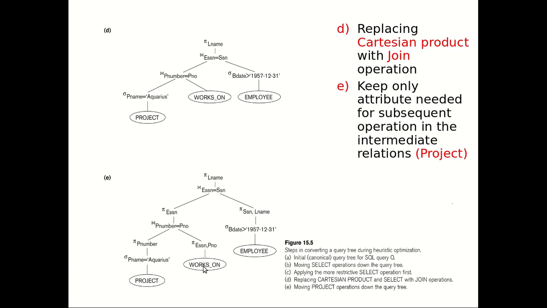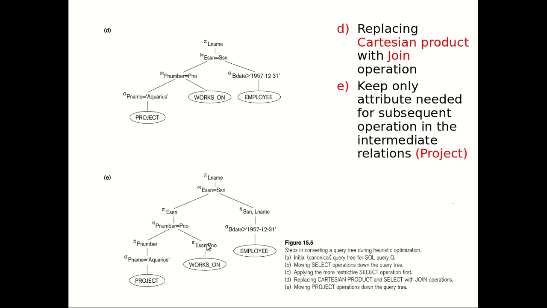Why ESSN? The resulting relation when works-on is joined with project, with the projected attributes P number as well as ESSN, will result in only two attributes, that is ESSN and P number, because P number is a common attribute.